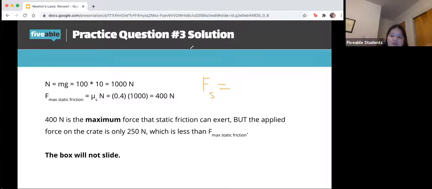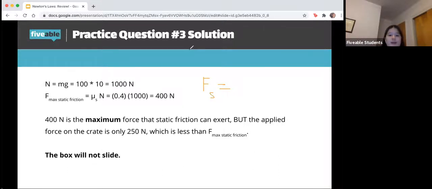We're pushing 250, but that friction force is so strong, it's 400. So that resistance force the box experiences, opposite to our push, is really strong. It is facing to the left, but it's not moving to the left because it's static friction. It's not a moving force. And then we are pushing 250 to the right.